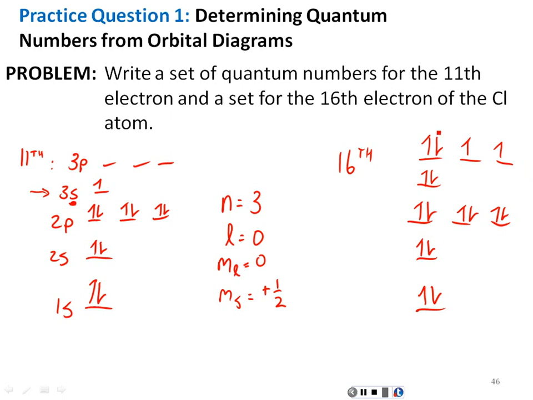Okay. This is our 16th electron. What are its 4 quantum numbers? Well, N again is 3. It's in the 3p orbital.